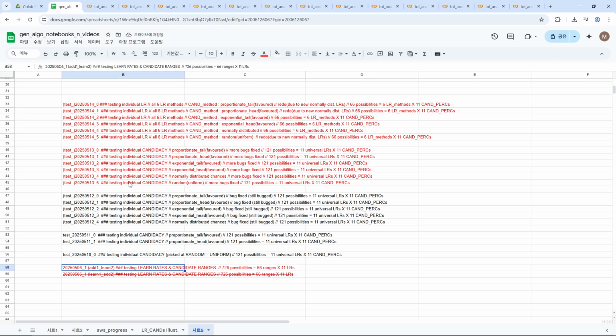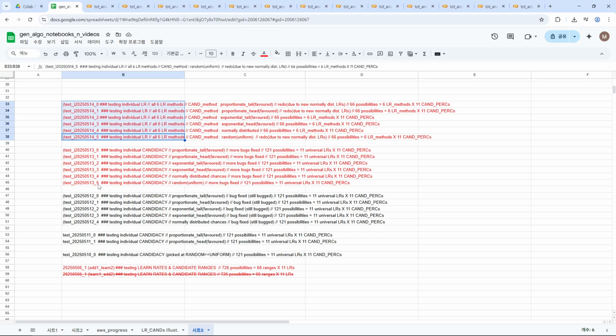And then 6 cases up above. The notebooks, or rather the evolution result folders titled 2025-0513 underscore 0 to underscore 5, so 6 folders, 6 directories. The ones with 13 underscore something are where the learn rates are fixed.